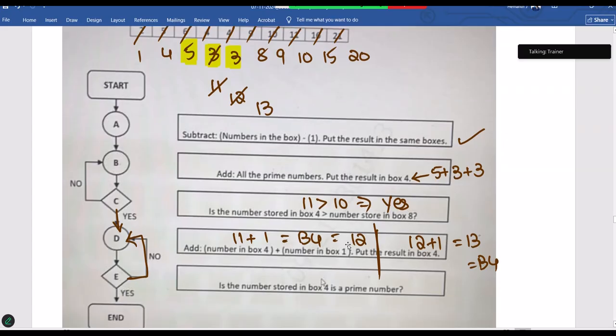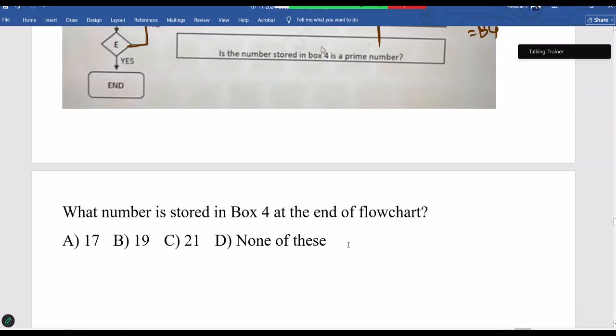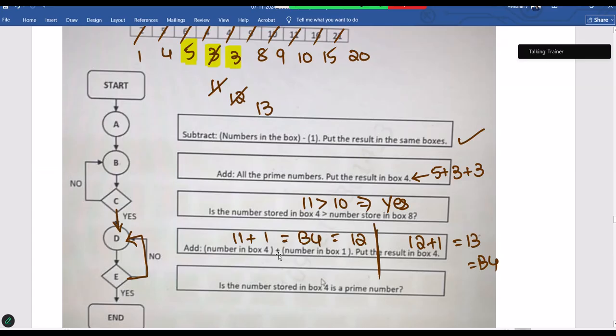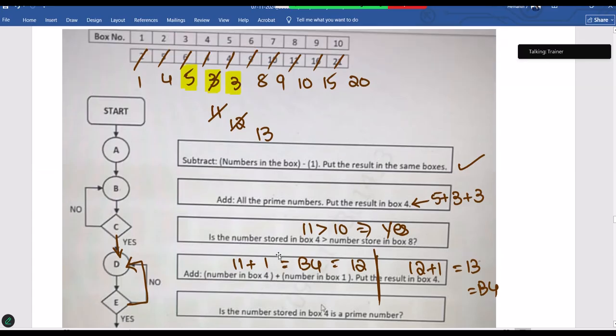At the end of the flowchart, what is stored in the box is 13. We need a prime number only, that's very clear. You see the entire process, what is happening: until it becomes a prime number, it keeps getting added.